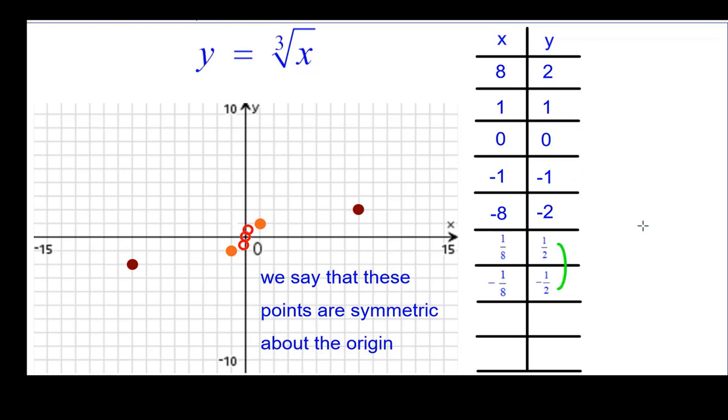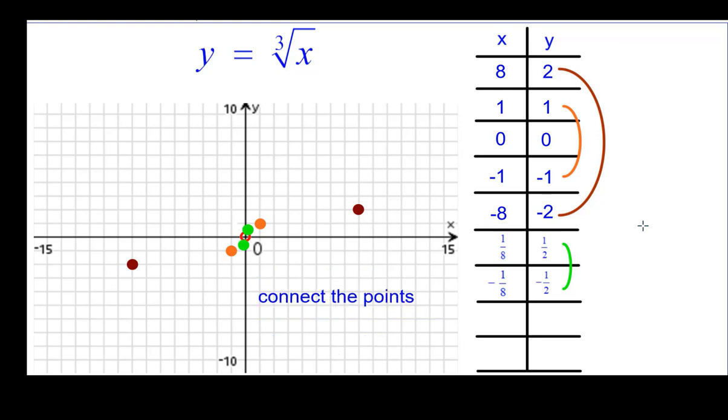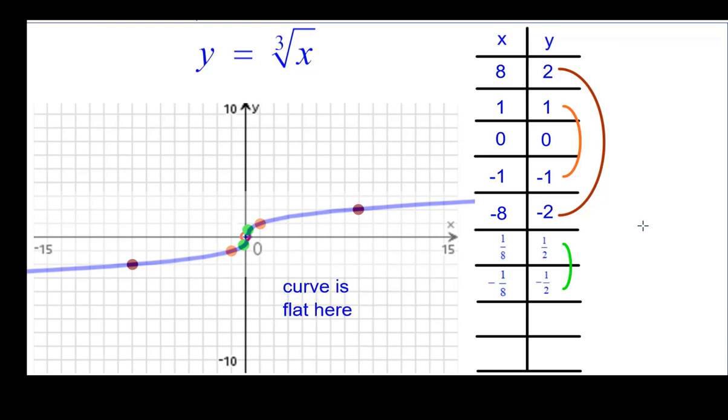And then these in lime green. So that's what we mean by the points are symmetric about the origin. So let's go ahead and connect the points. And you'll notice when we connected, the curve is flattened there.